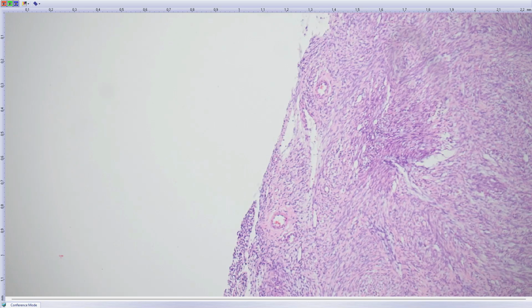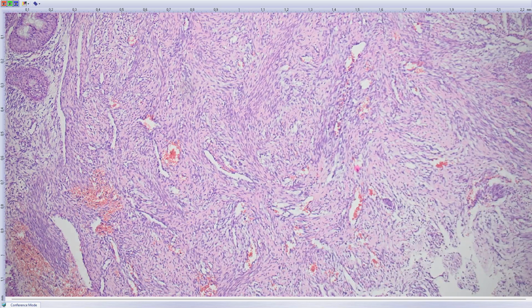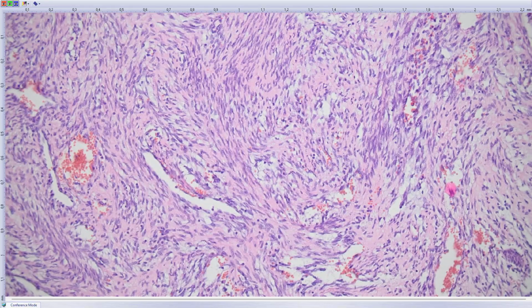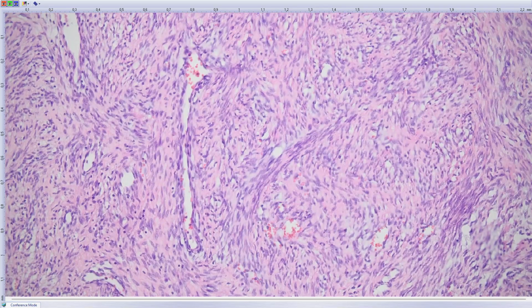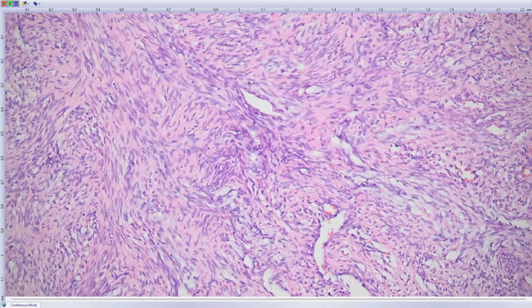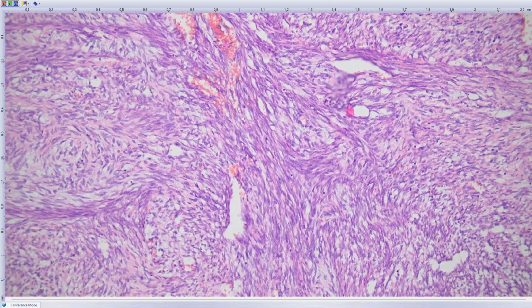It is completely normal, no dysplasia, and underneath the epithelium there is this fascicular spindle cell proliferation. And the cells are not that atypical. It's hard to find mitotic figures, but there are some. But there are not too many.